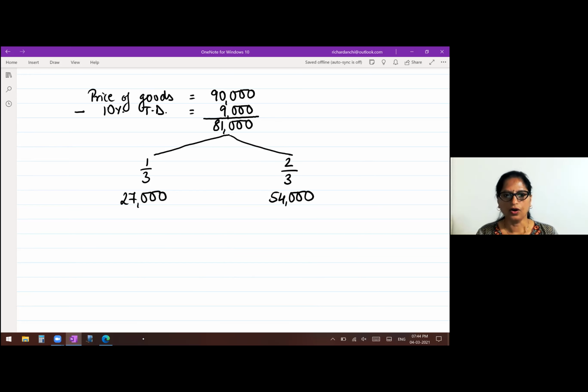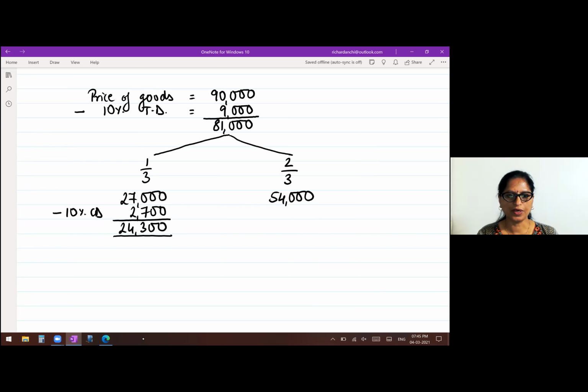Now they said cash discount is given only on the payment of cash amount. So it cannot be on 81,000. It has to be on that one-third amount. So again, this 27,000. So write less 10% cash discount. That's 2,700 and the balance is 24,300.